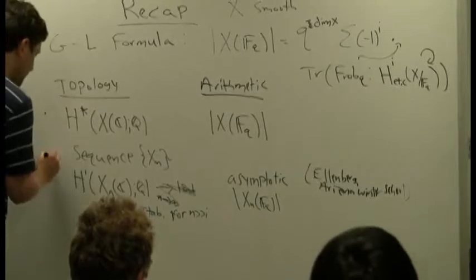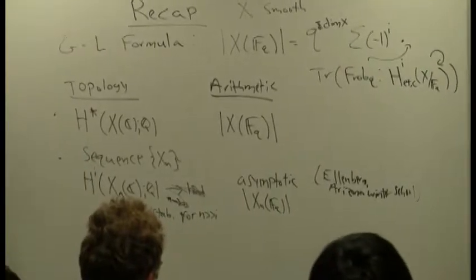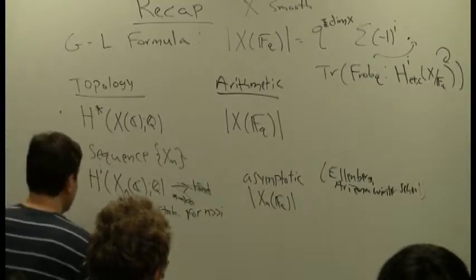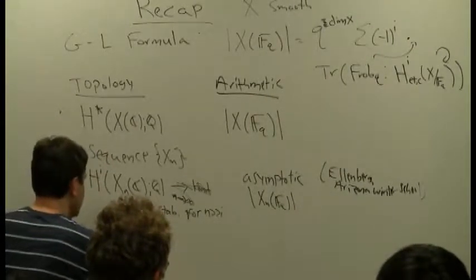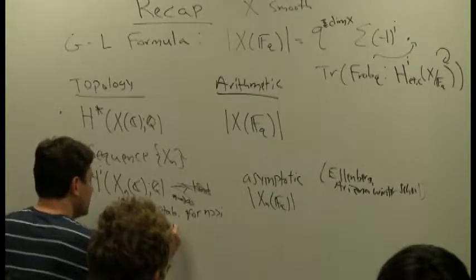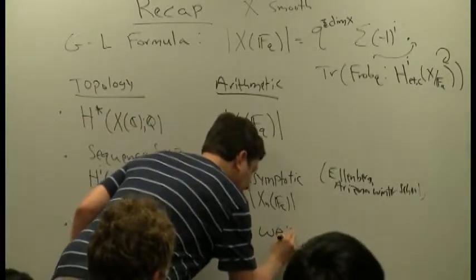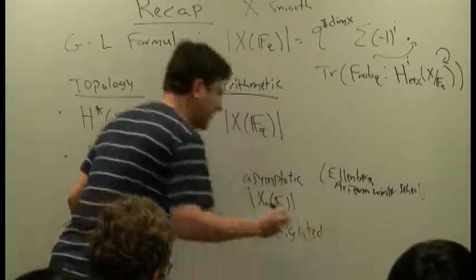And this is more speculative, and even more speculative still, although I showed you a proof of concept, I hope, yesterday, is that representation stability gives the weighted point counts. And it's not just a weighted version.